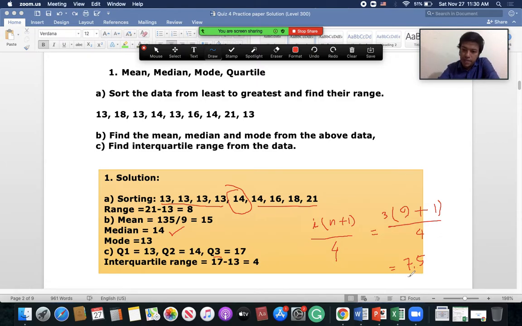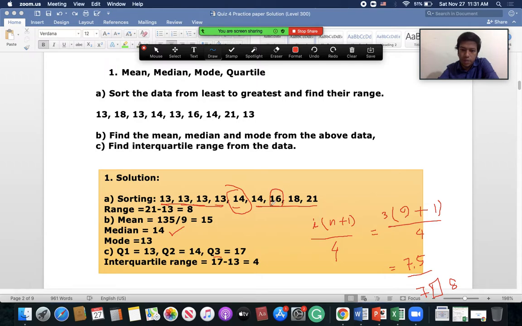Whatever the numbers are in our data at those positions, that will be our quartile 3. So we have 1, 2, 3, 4, 5, 6, 7.